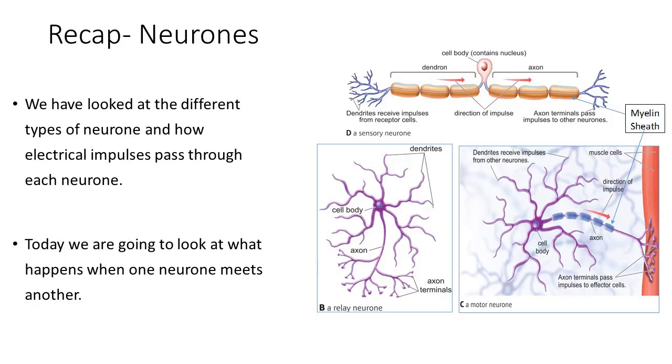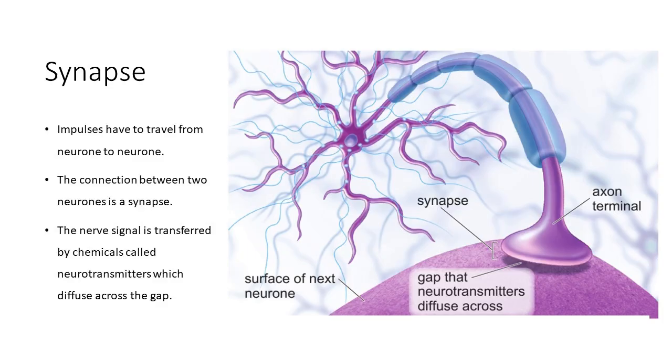What we're looking at there, of course, is just one individual nerve cell. The nervous system is actually made up of millions and millions of neurons, all connected together in what we call a neural network, where lots of different neurons attach to lots of others. So the important thing to remember here is that the axon terminal of one neuron will attach to the dendrite of another neuron, and the electrical signal will be passed along the chain.